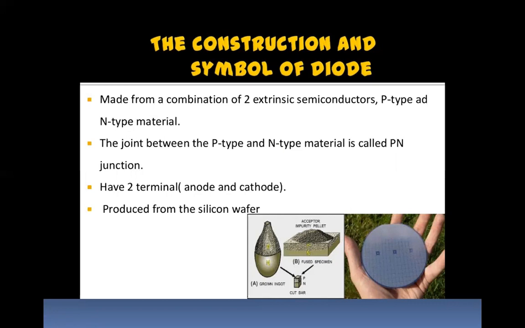A trivalent impurity falls in the third group of the periodic table, so all such elements have 3 valence electrons. If I take boron as an example of a trivalent impurity, the 3 valence electrons of boron form covalent bonds with the pure semiconductor. Let us take silicon as an example, because silicon and germanium are the best examples of semiconductor materials. Silicon is a 4th group element. So 3 of the valence electrons of silicon will bond with boron.